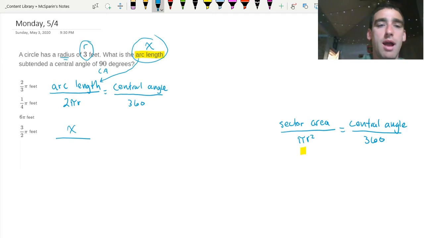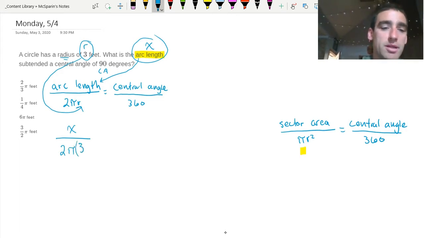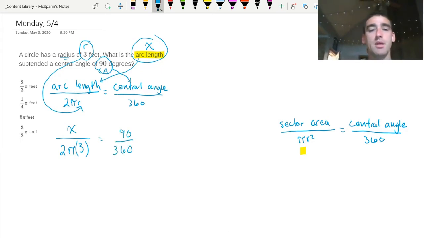Instead of r, I'm going to plug in 3, so 2 times pi times 3. I'll put that in parentheses to show that we plugged it in. And instead of my central angle, I'm going to have 90 over 360.